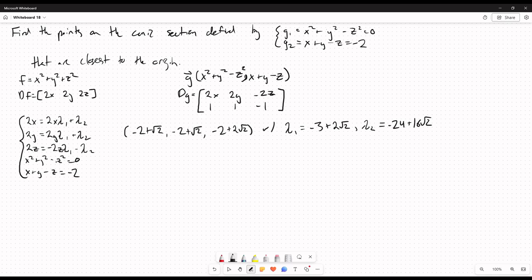So that's one set of solutions, and the other is going to be negative, oh, sorry, that's our lambdas. It actually looks like I can be a little lazy. It's just all these except the minus sign instead. So that makes life a little easier. Okay.